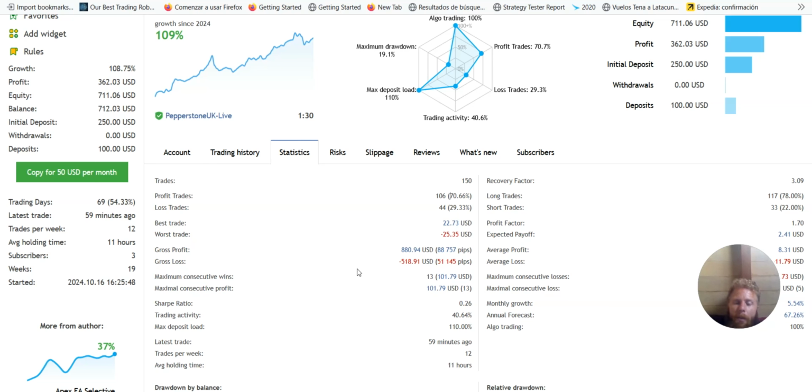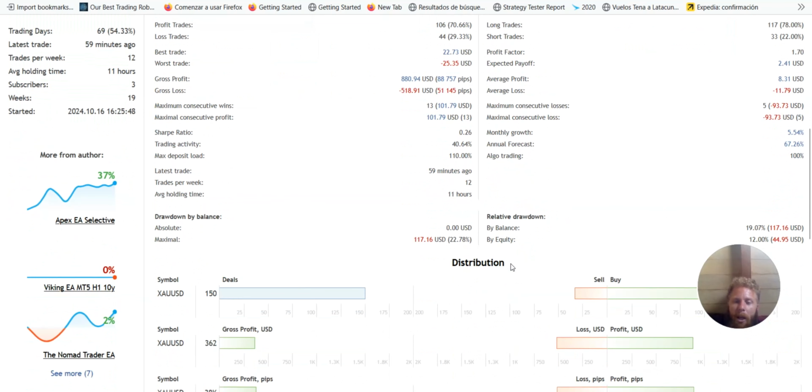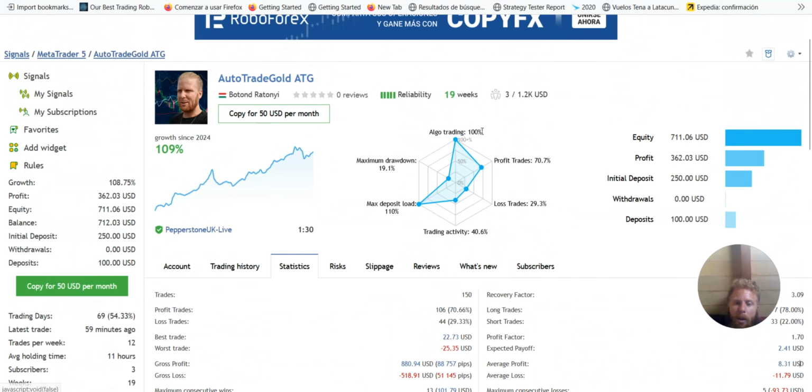But I'm going to publish a whole new set package with high risk to reward ratio, where, for example, the average profit would be $20 and the average loss would be just $10 or something like that, or even higher ratio. So you can see 100% algo trading.